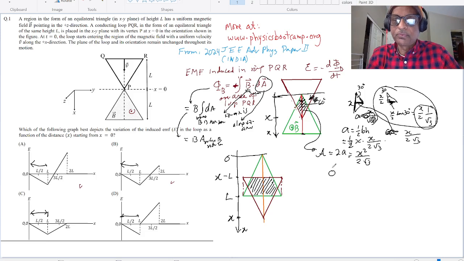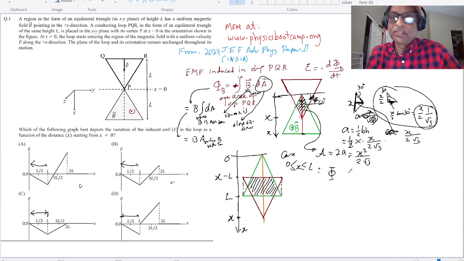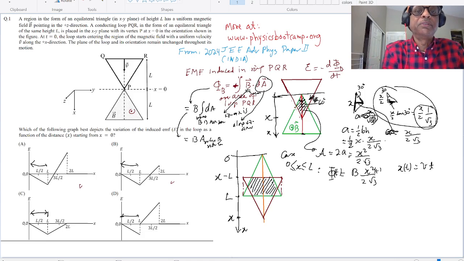So flux during this time, so this is when x is between 0 and L. In that case, flux is B times x squared over 2 square root of 3, flux at time t, and x is a function of t. x of t is given to be v times t, right? It's given over there. It's falling at a constant velocity.